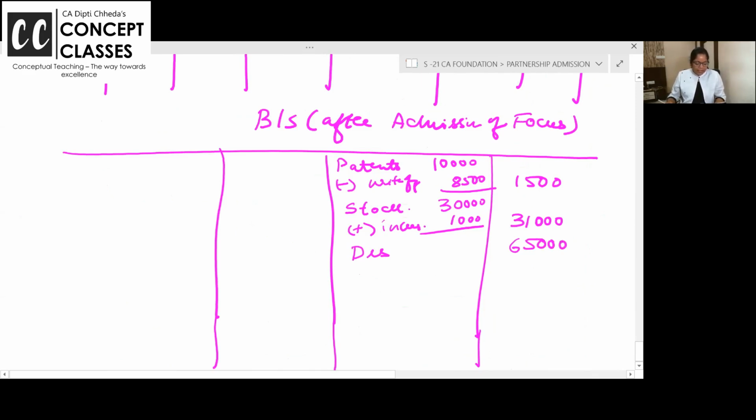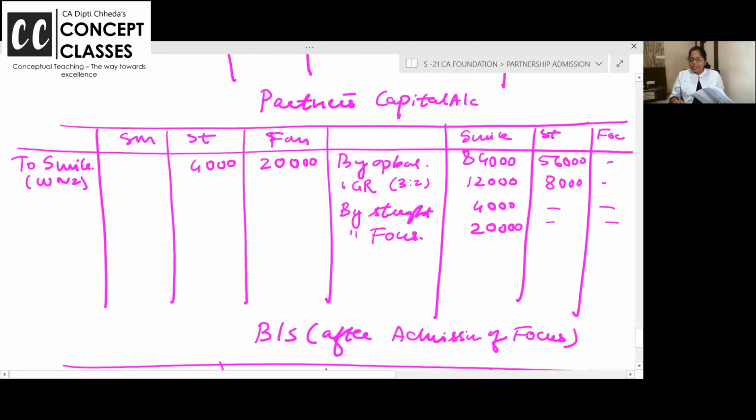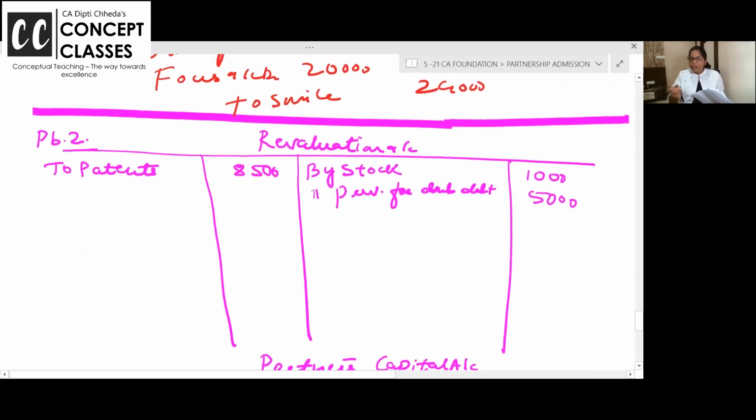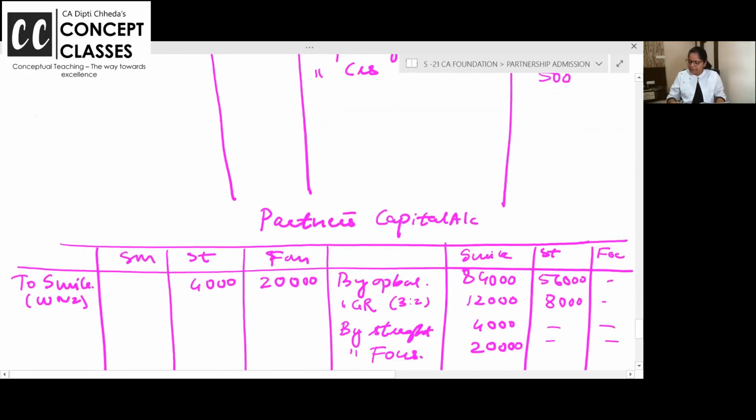Next, there's a liability of 500 included in creditors that is not likely to arise. So creditors have 500 that you don't have to pay. So reduce the creditors. What is the nature of creditors? Credit. Now what will you do? Debit. You are reducing the value of creditors, you are reducing a liability, so creditors debit 500.